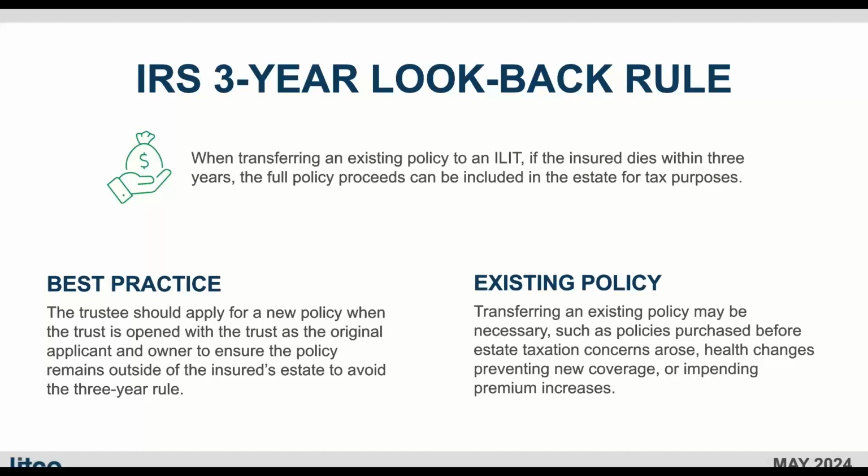In the ideal situation, the insured, often the grantor as well, will have no incident of ownership in the policy. This incident of ownership is key for avoidance of estate tax inclusion. Avoiding the incident of ownership is accomplished by having the trust apply for, secure, and be the owner and beneficiary of the insurance policy.